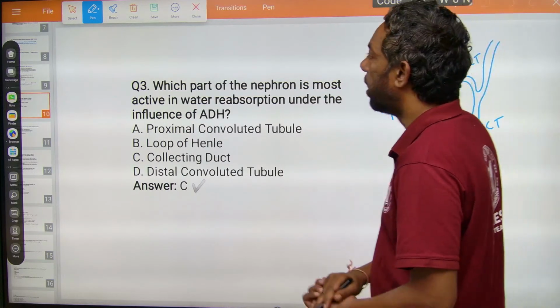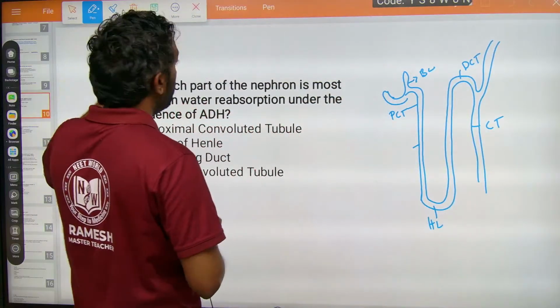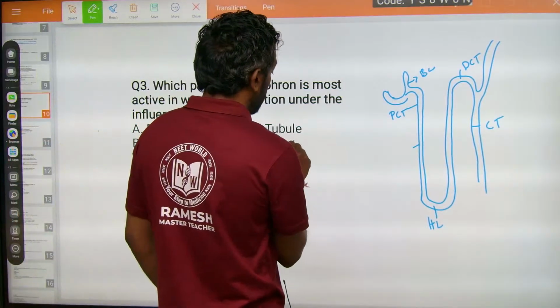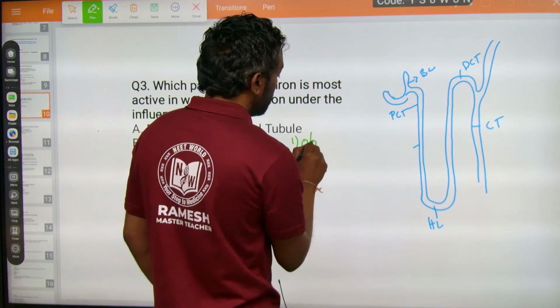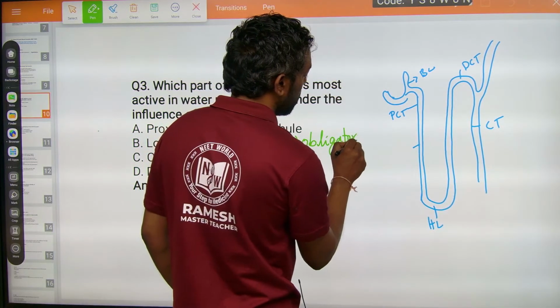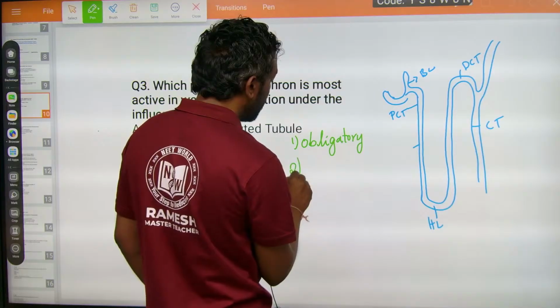In this condition there are two types of reabsorption. One is obligatory reabsorption, the second one is facultative reabsorption.